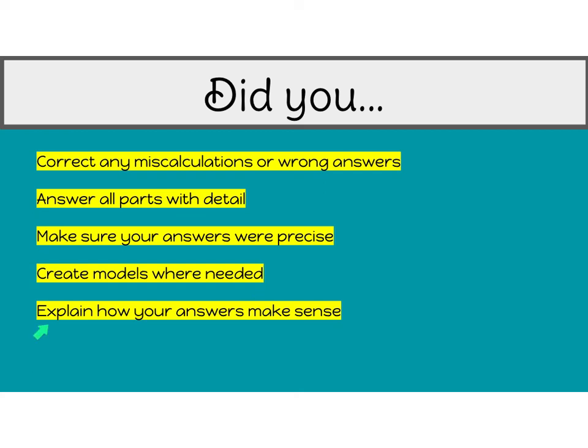And the biggest one of all, did you explain how your answers make sense? That's been the core of this lesson, making sure that we don't just list the steps. We have to understand why we're doing the math. Why are we multiplying, or why are we adding? So think about those things as you go to finish up and revise and edit your work.